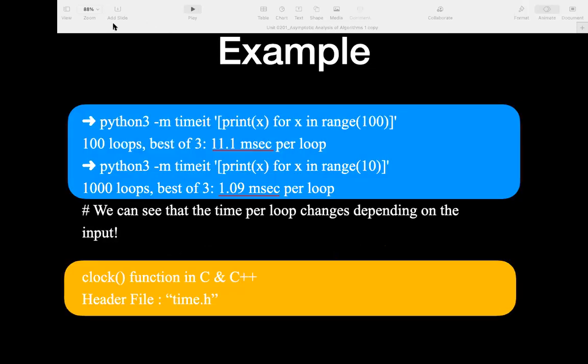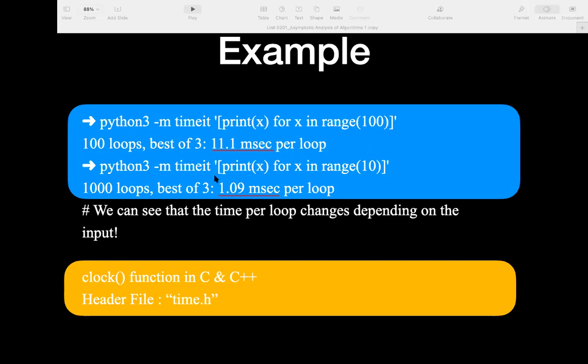All right, so let us look at one Python example. This particular program is going to print values for x between 1 and 10, and this requires running 100 loops. Best of three, the time required is 11.1 milliseconds per loop.